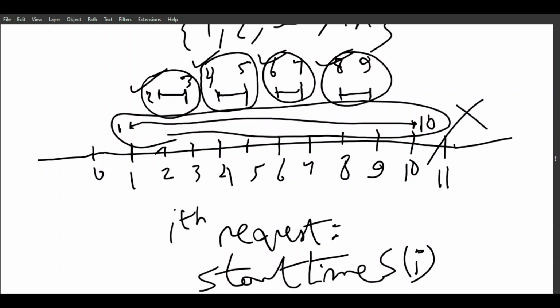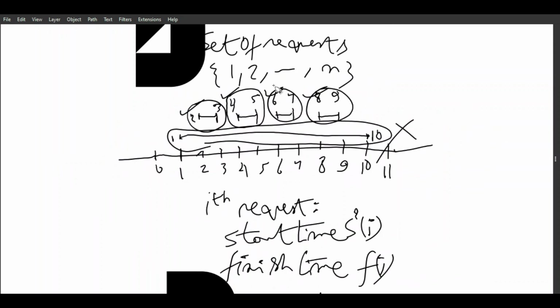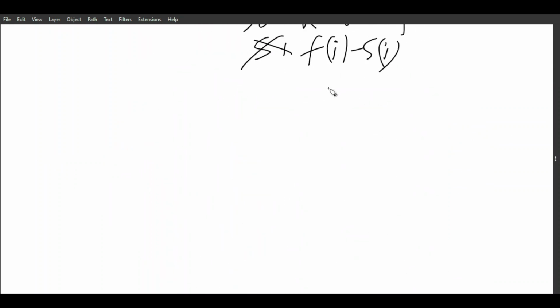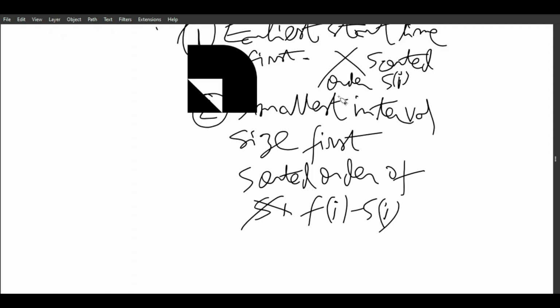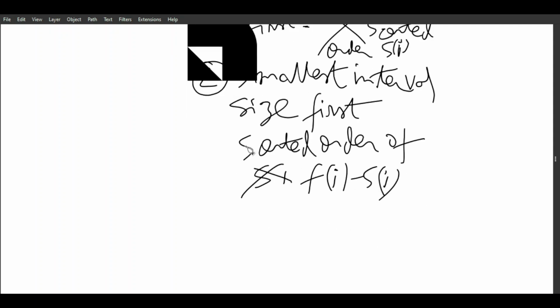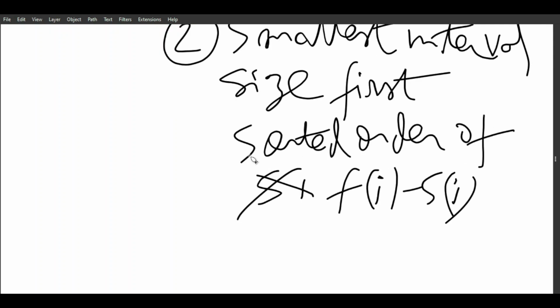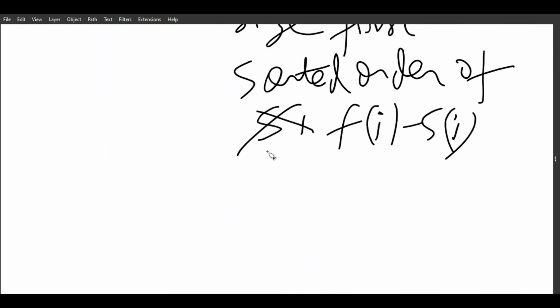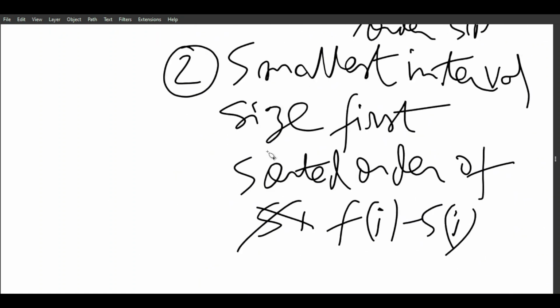But we should check for other possibilities also, and we will observe that this is also not optimal. It does not satisfy the greedy choice property because of the second example. Now the second example we consider is one in which the second heuristic will fail.